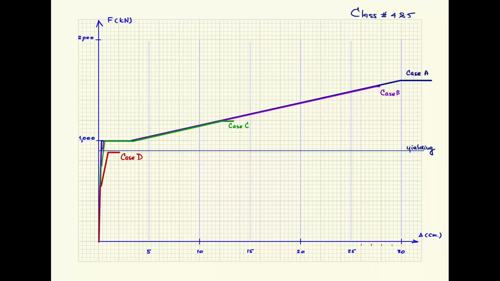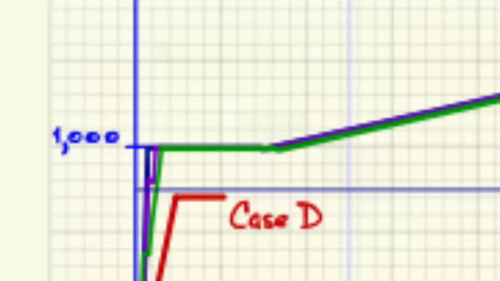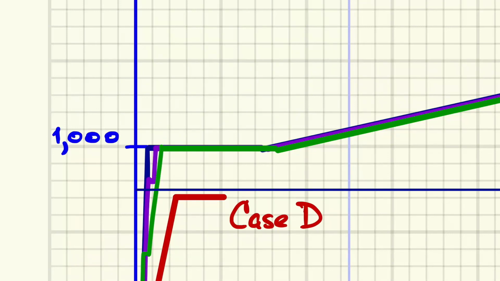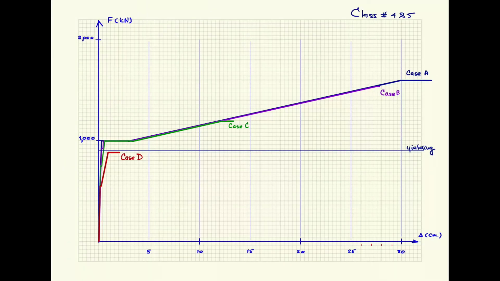Yielding of case B, you can see that the purple line yields at the same point as case A. So this solid line is going to be shared.